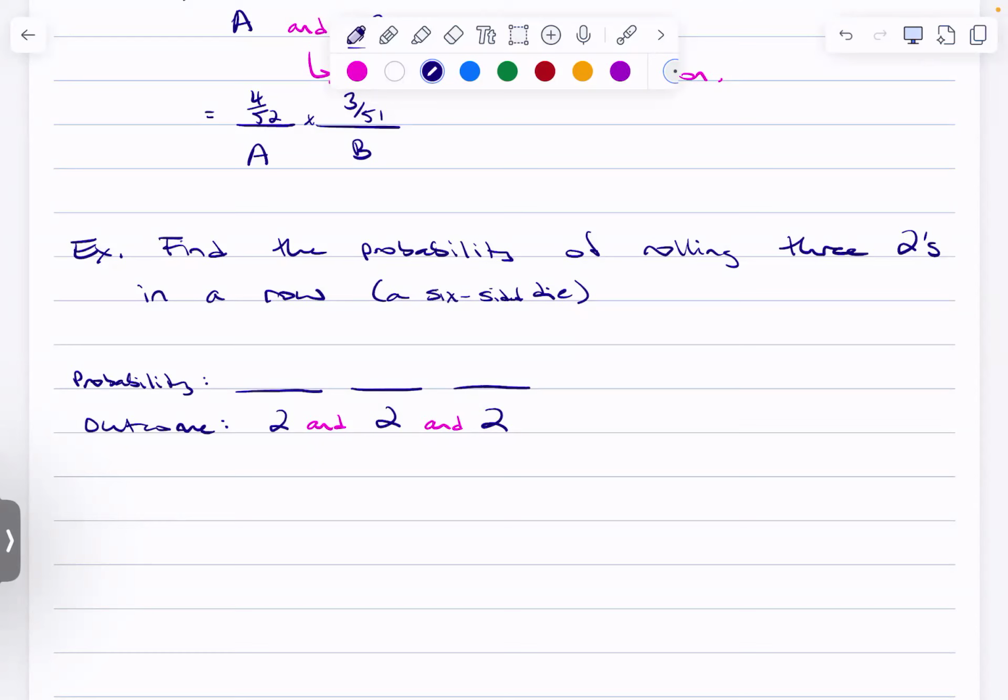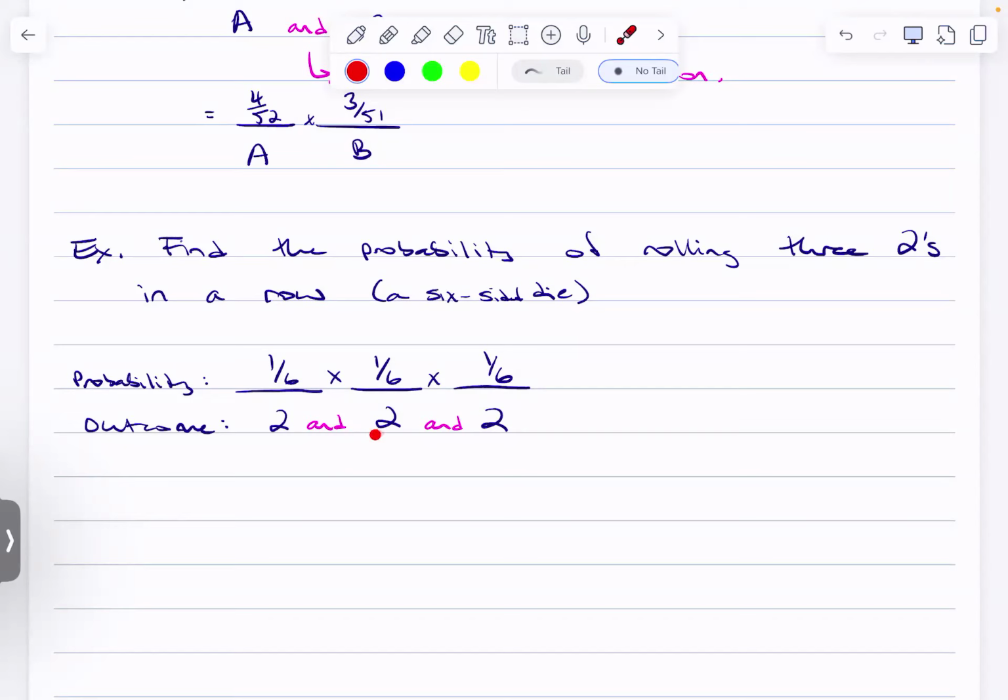The probability of rolling a 2 is 1 in 6. When I see "and," I multiply. Or when I think "and," I multiply. Another 2, 1 in 6, and another roll of a 2, 1 in 6.